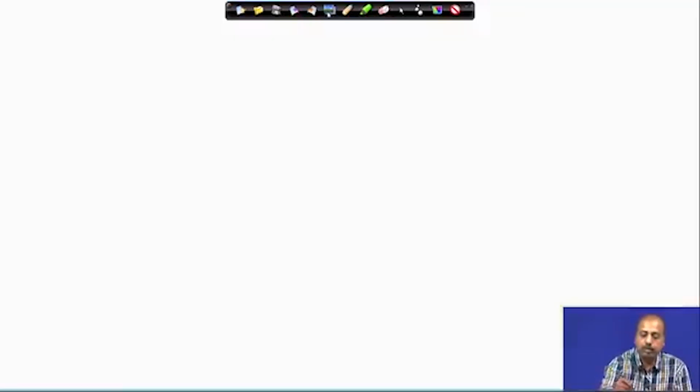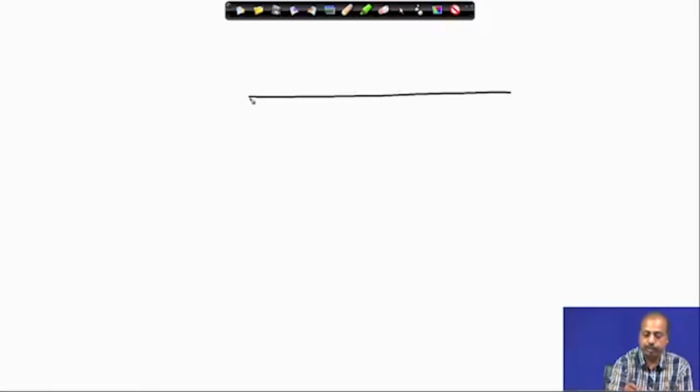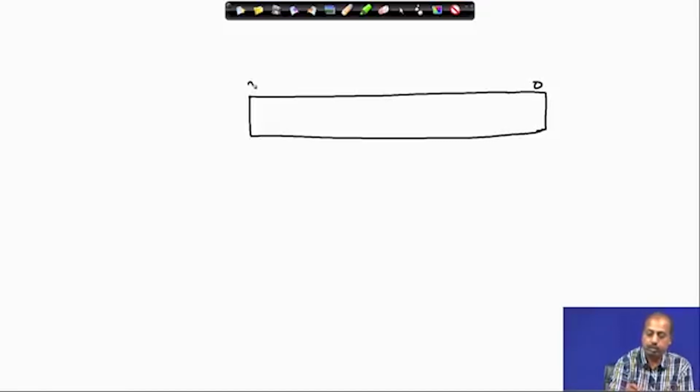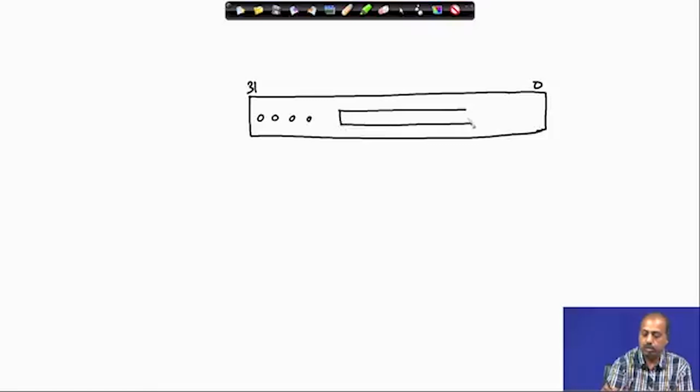What does it mean? It is like this. Suppose this is the 32-bit number that I have got, and in that number this is bit number 0 and this is bit number 31. All these bits are 0, and in between you have a block. If you mark the leftmost occurrence of 1 and the rightmost occurrence of 1, in between the bits may be 0 or 1, whatever.